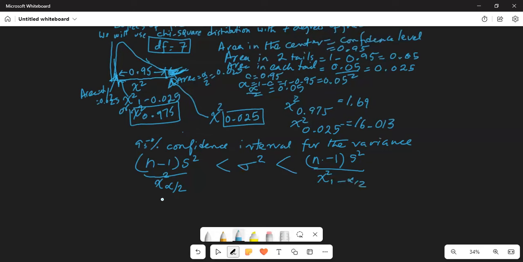So if I plug in the values, n minus 1 degrees of freedom is 7. I have to calculate s. So how do I do that? I press this. Oh, it's in front of me on my calculator screen.